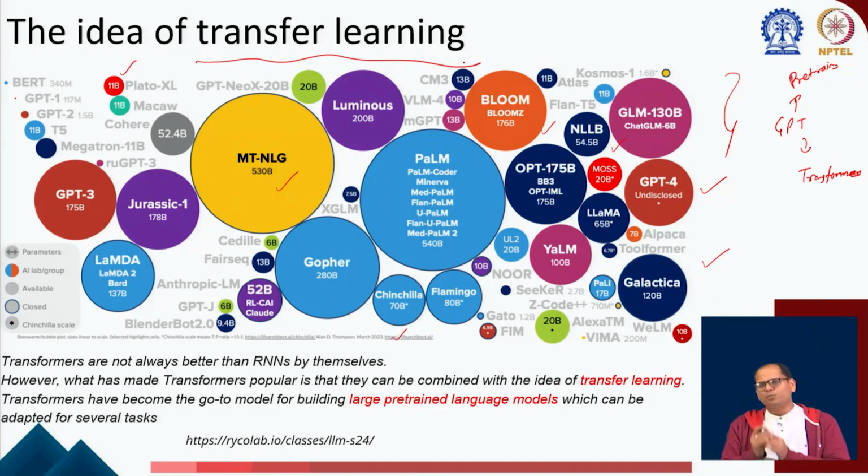That you pre-train your model on a lot of data, and then you can use it for doing many other tasks with very small amount of data, right? Sometimes even without any data, in-context learning and so on. So transformers have become the go-to model for building large pre-trained language models, which can be adapted for several tasks. And the idea of transfer learning, the idea of pre-training has been very, very central to this development.